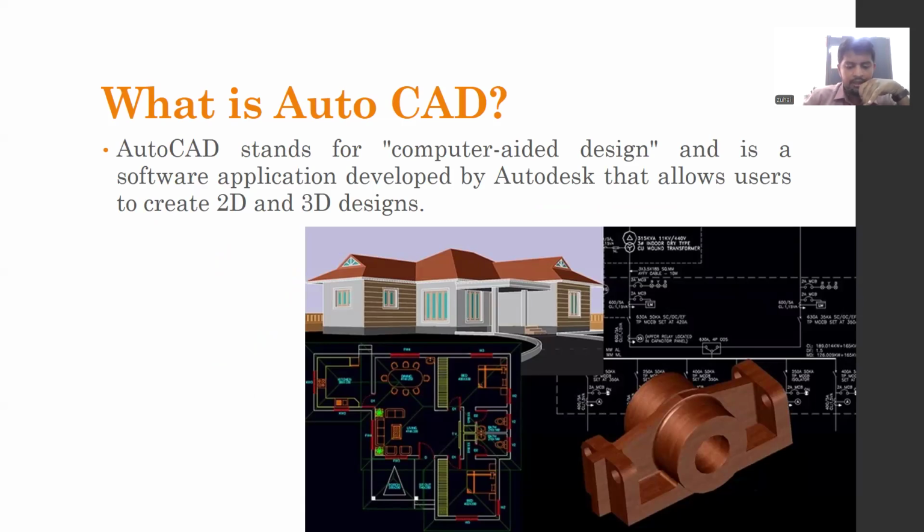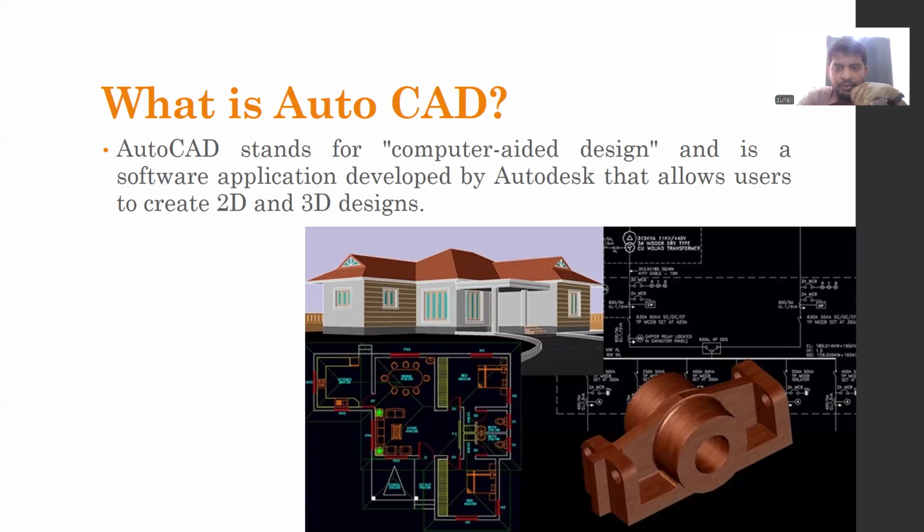Okay, for the next part, we are going to see what AutoCAD is. You have to know what AutoCAD is. Up to now you used A3 sheet paper to draw the drawings, no? We call that manual drawing. This is a computerized drawing.